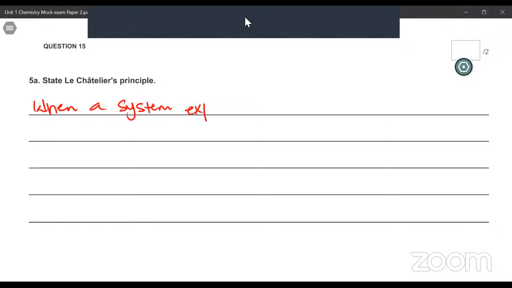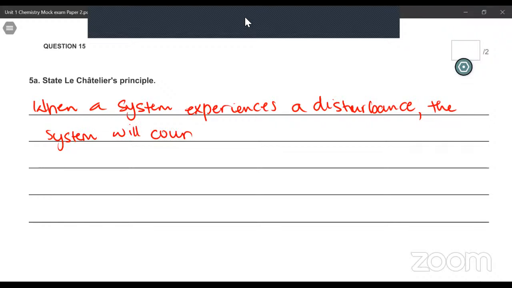When a system experiences a disturbance, what you'll find is that the system will try to counteract the change, or oppose it, in order to restore its equilibrium.